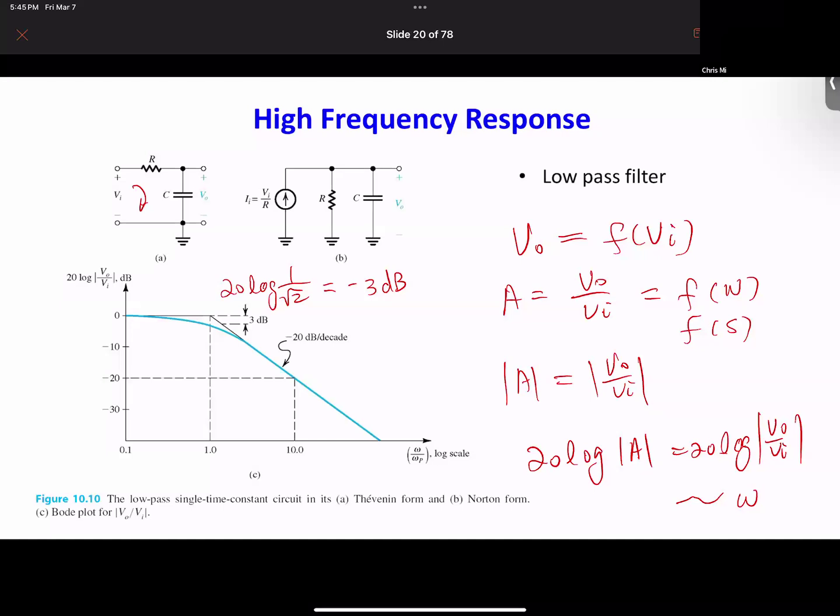The black line is the approximation, and the blue line is the actual curve. So when you are asked to draw the Bode plot, you don't have to draw the blue line. You simply draw the black line. It's an approximation, but actually there's a 3 dB drop at that point, which we all know about.